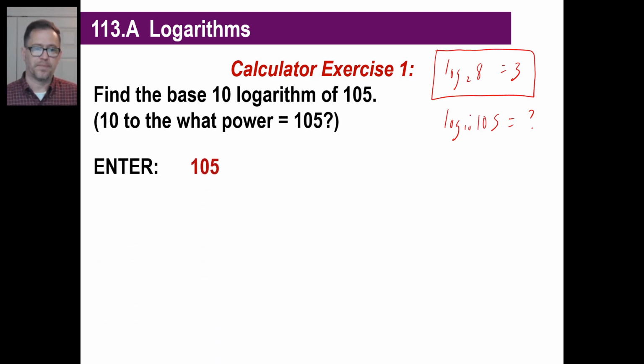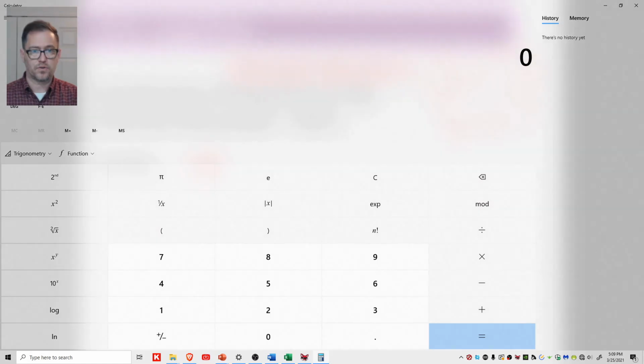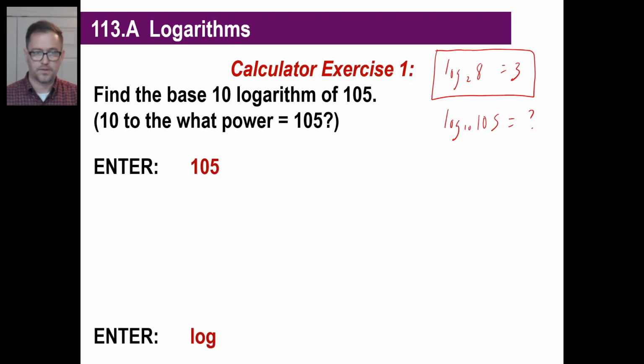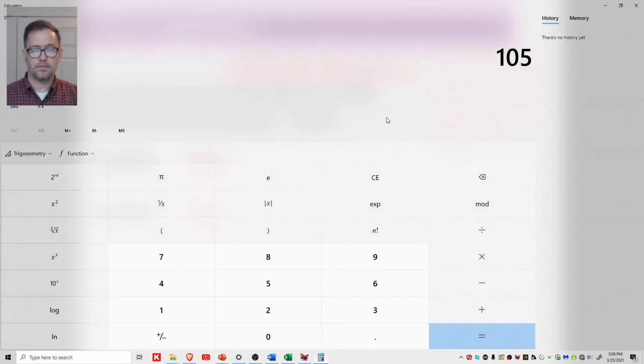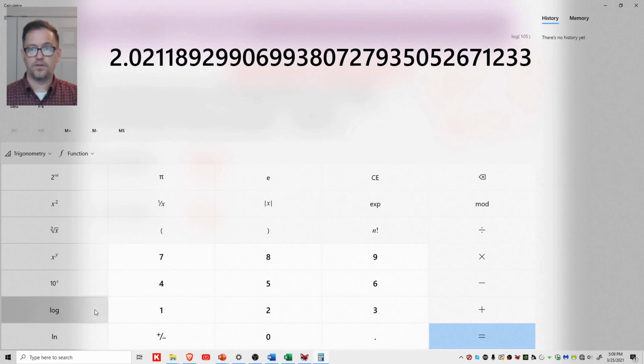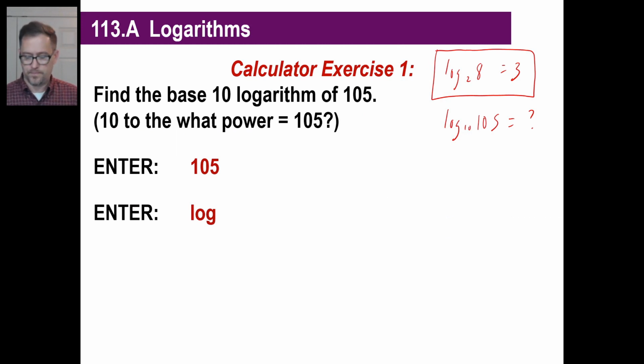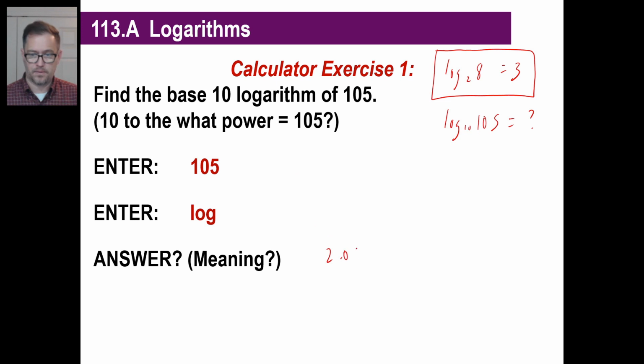Here's how we do it. In your calculator, let's enter 105. And let's go next. Enter log. Then you'll see log, and that tells your calculator to do this. Boom, there we go. Let's say it's 2.02. And the answer, again, let's write that down.